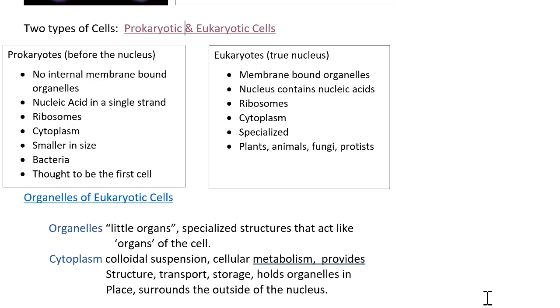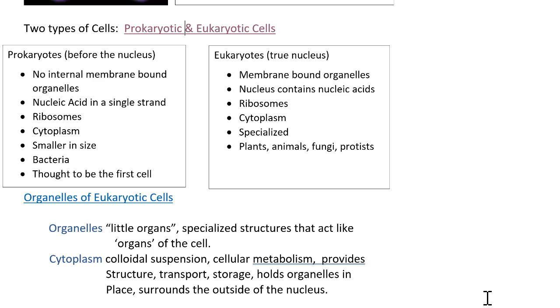We're going to see ribosomes present inside of eukaryotic cells, and ribosomes are going to be the sites where protein synthesis is going to occur. They're made up the same way that they are in prokaryotic cells. They're subunits. They're not membrane bound. We're also going to have cytoplasm, and the cytoplasm, as described below, is going to be that colloidal suspension where materials are stored and things are held in place.